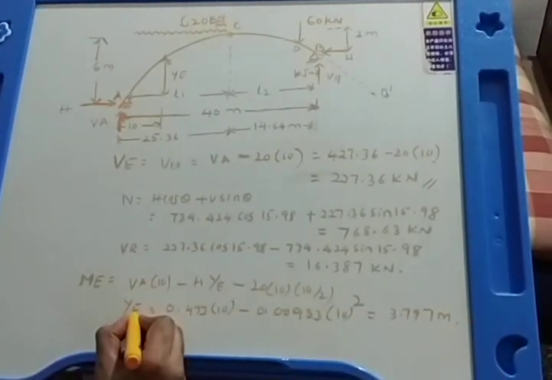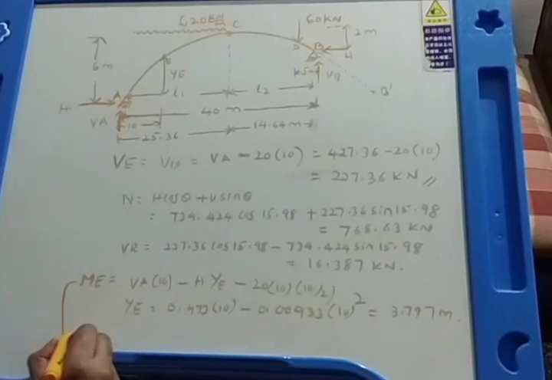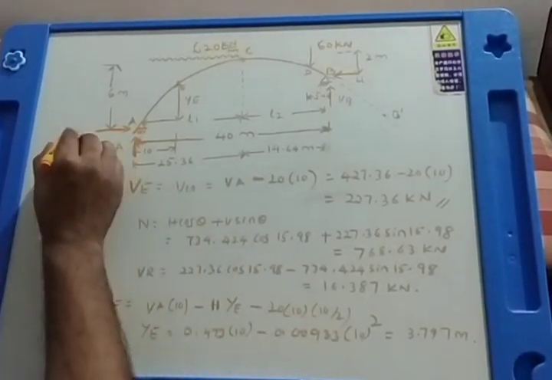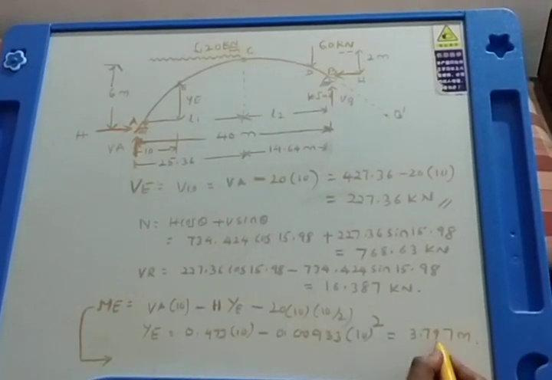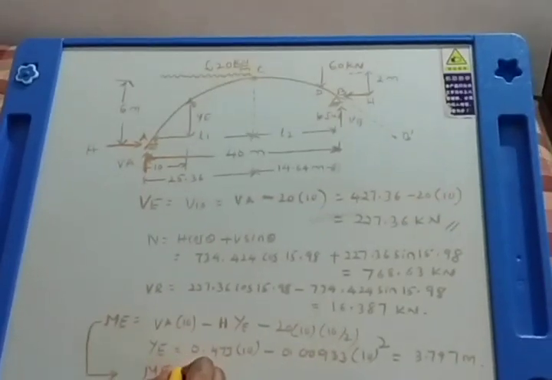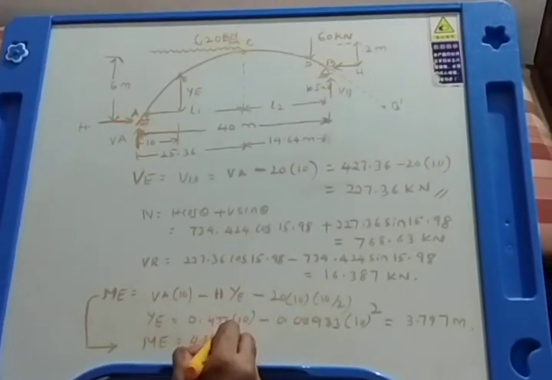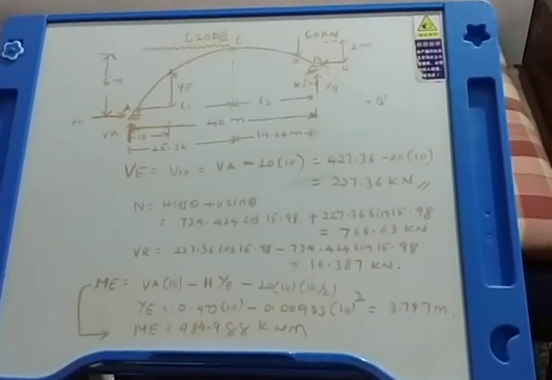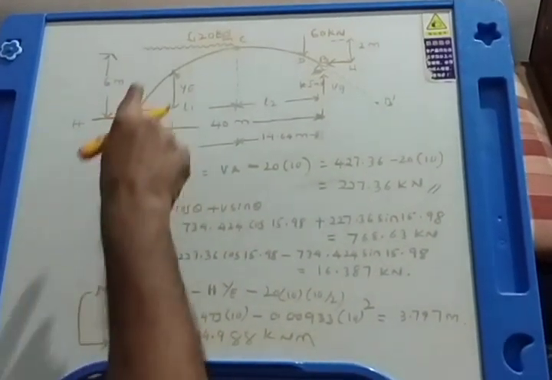Now substitute the value of YE in the expression for ME. Everything is known. You know already VA, you know already H, that is horizontal thrust, which is found out. YE we have found out, and then when you do the calculation, you are going to get moment at E is equal to 484.988 kilonewton meter.